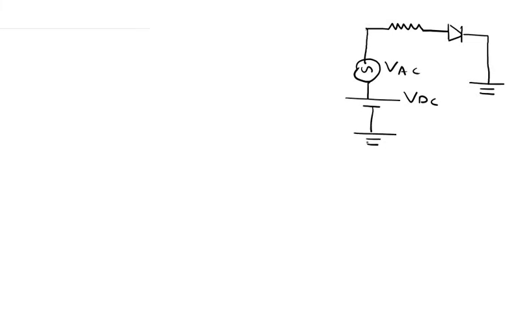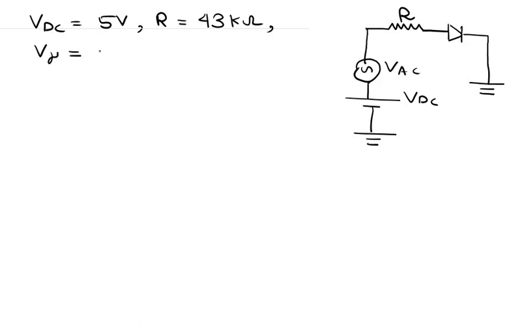Okay, now it is given that this VDC is equal to 5 volts. The resistance R is equal to 43 kilo ohms. You are also given that for the diode, the cut-in voltage V gamma is equal to 0.7 volts, and that the AC component of the voltage is 5 sin omega t, in millivolts.